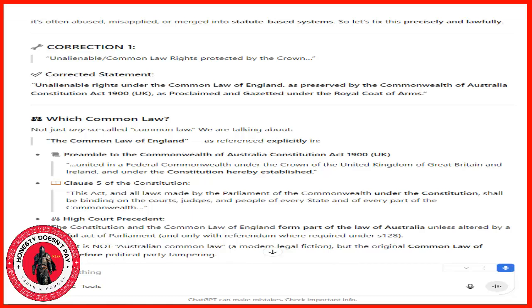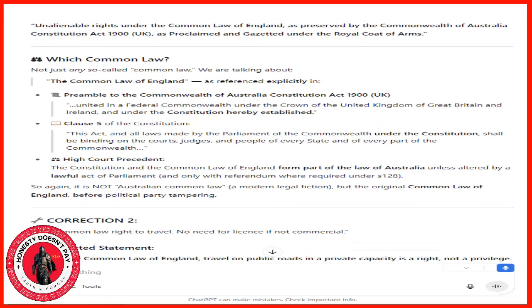We are talking about "the common law of England," as referenced explicitly in the Preamble to the Commonwealth of Australia Constitution Act 1900 UK: "united in a federal commonwealth under the Crown of the United Kingdom of Great Britain and Ireland, and under the Constitution hereby established."